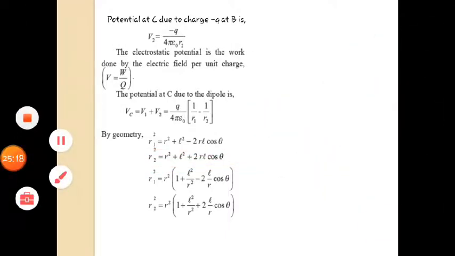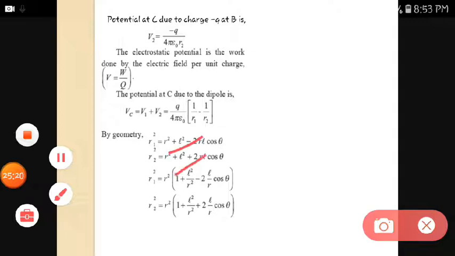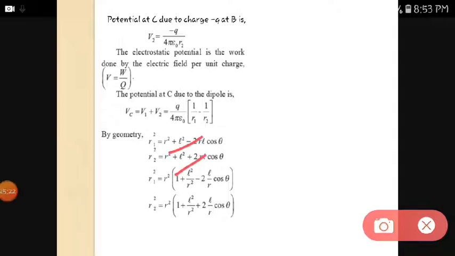But here we consider only L square terms, not cos square theta, because as you see in the diagram, theta is very small, so we can consider cos square theta as negligible. So we are going to neglect the cos square theta term. So we are getting only R square minus 2RL cos theta and R square plus 2RL cos theta.